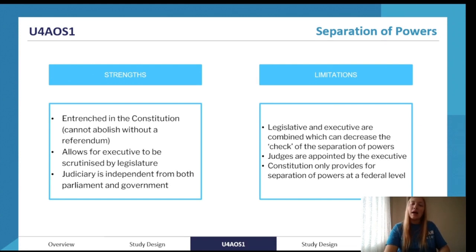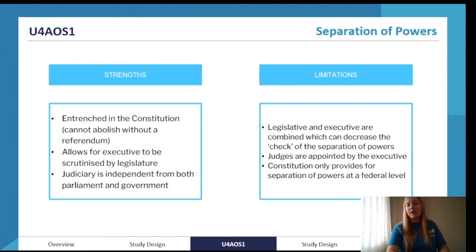Judges are also protected because they have a very late retirement age and they cannot be removed from the High Court unless there's some evidence of corruption and unlawful behavior, which is very difficult to then prove. So they are protected once they are appointed.